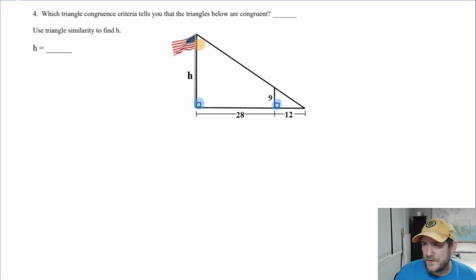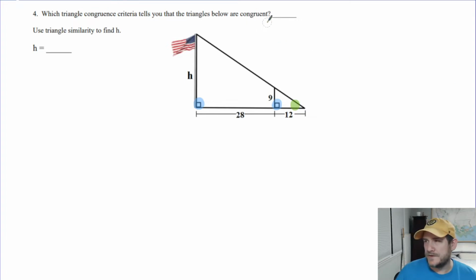You could make that weird argument I was trying to make in class where these angles are congruent because the light rays of the sun are parallel, something like that. The safer bet is just to say that this angle right here is an angle that the two triangles share, right? So you've got these angles, you've got these angles. That gives you angle-angle similarity.